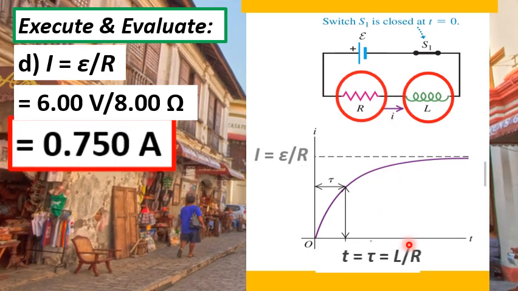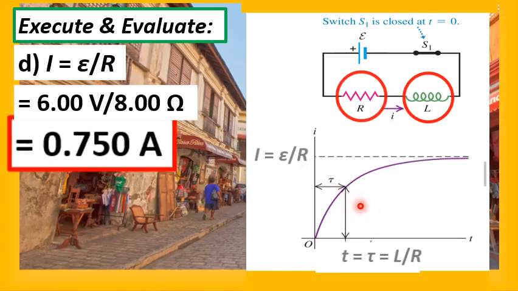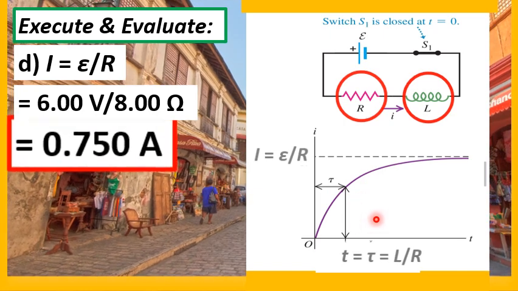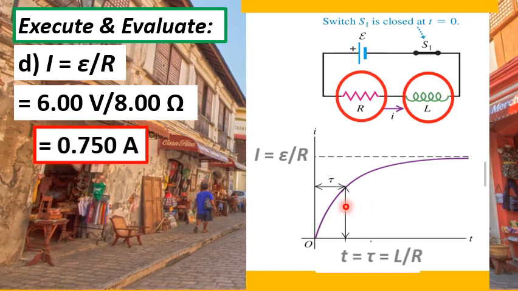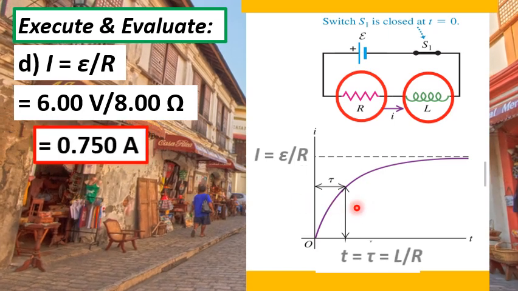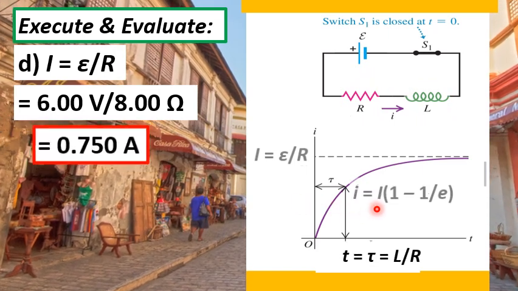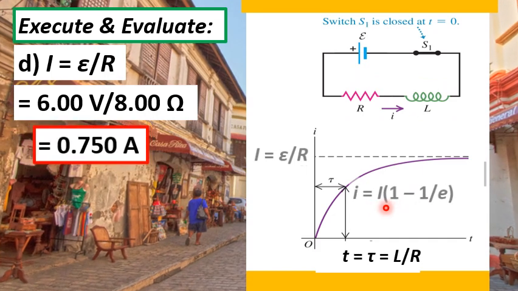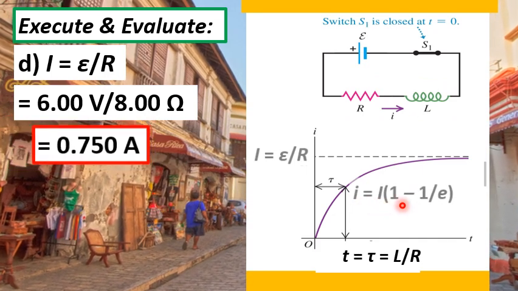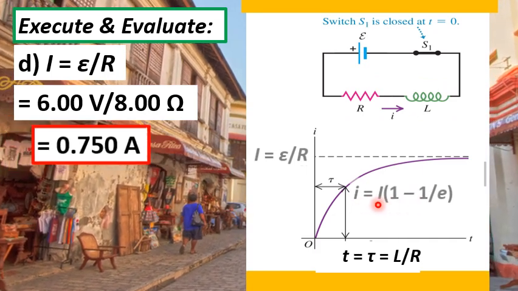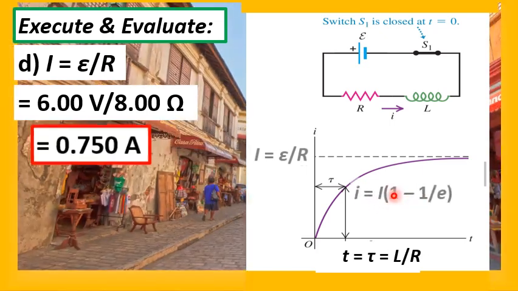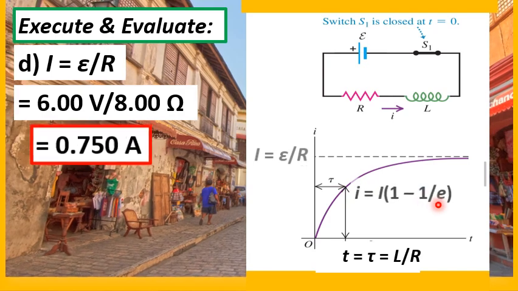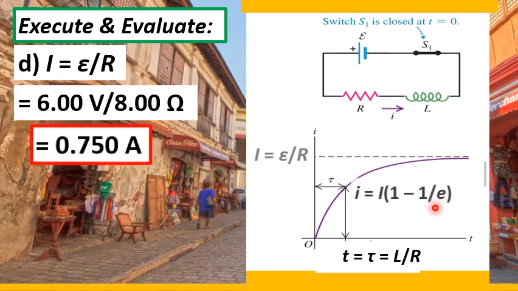At that point in time, we may also determine mathematically the instantaneous current, small letter i, using the formula small i is equal to the product of the maximum current or final steady current by the quantity 1 minus the reciprocal of the Euler's number.